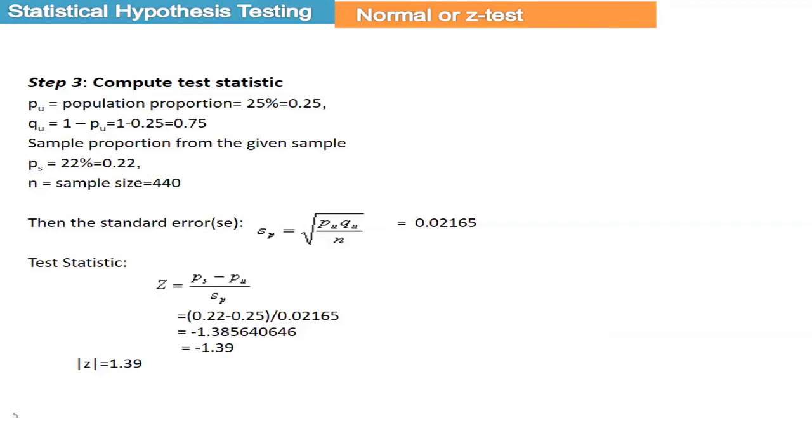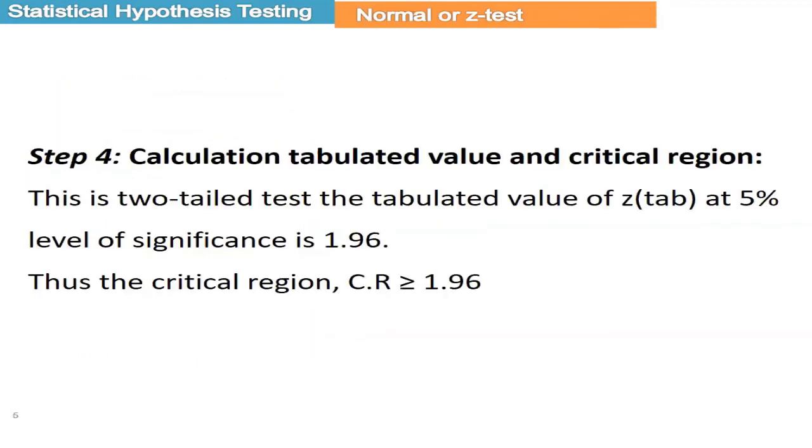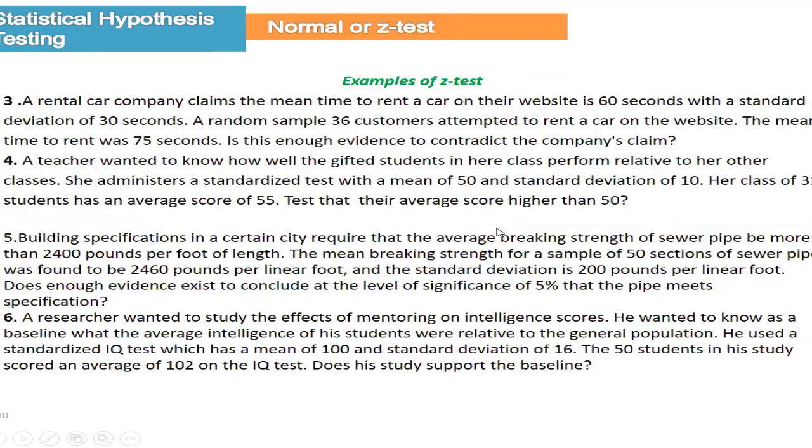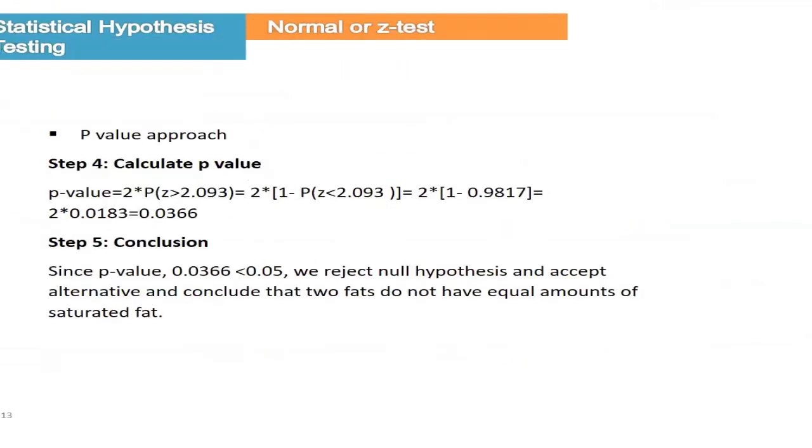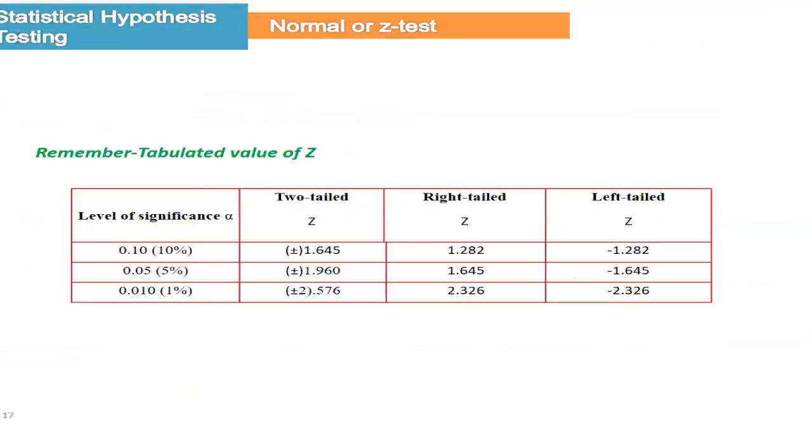Okay, what is step 4? In step 4, we have to find the tabulated value and critical region. For a two-tail test at 5% level of significance, the tabulated value is 1.96. If you can't remember the tabulated values, I gave them in the first lecture, at the end of the slide.